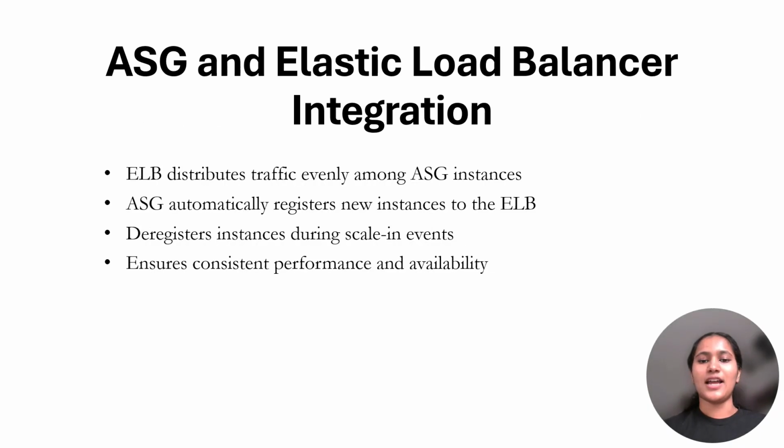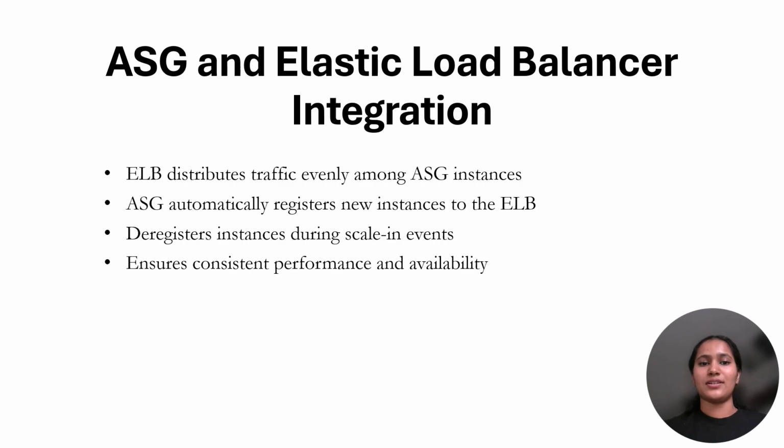Now comes the elastic load balancer. When we integrate an auto scaling group with an elastic load balancer, traffic distribution becomes seamless. The elastic load balancer automatically routes traffic to all the healthy instances in the ASG.